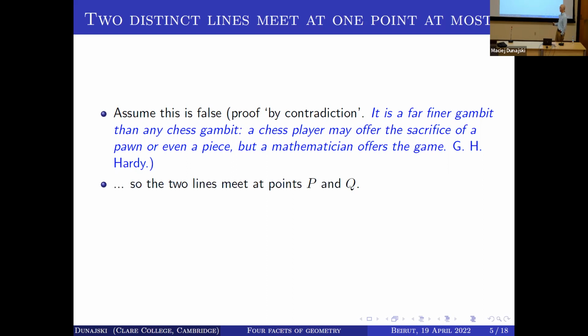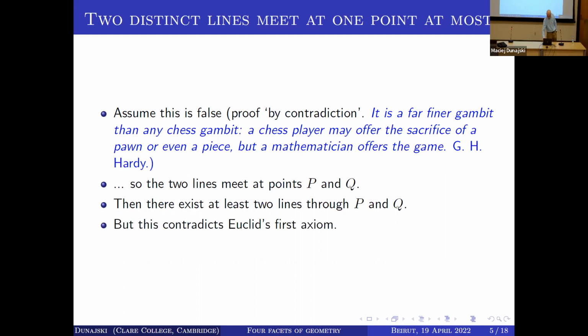But if we assume that it's false, then the two lines meet at more than one point, at least 2 points, call them P and Q. It could be more, but let's only care about 2. Then by Euclid's axioms, there exist at least 2 lines through P and Q. These are the 2 lines which meet at P and Q. But this contradicts Euclid's first axiom.